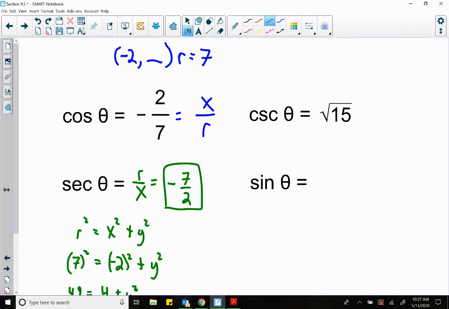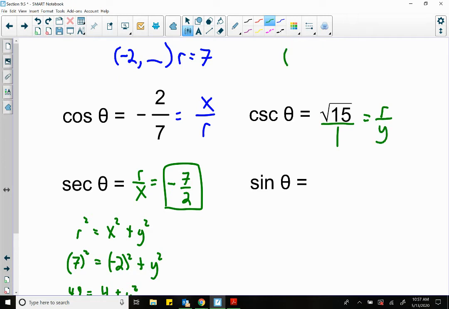If you're looking at this, you need to remember that this is actually a fraction. This guy is over the number 1. How is cosecant made? It is made by r over y.